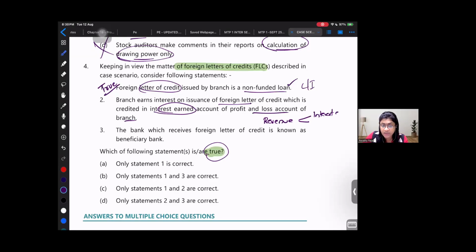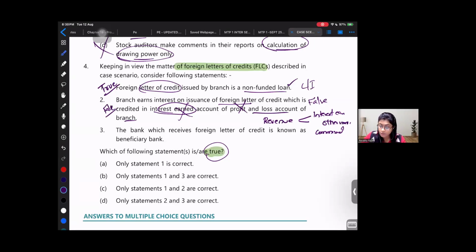Interest earned is there, plus other income is there. Here the interest on letter of credit is like a commission income. Commission will go in other income. It is not an interest earned. So this is false. This is not their main income. This is only other income.